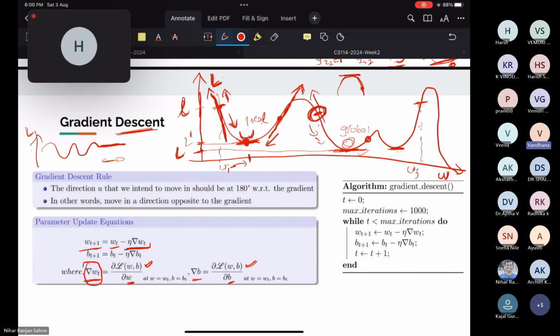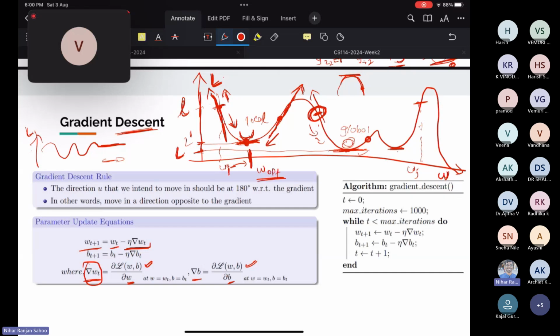So this mathematics part is essential, this differentiation, to get the optimal W, because we need to know how much change we have to make. We started with this W_i, and let's say this is W optimal.